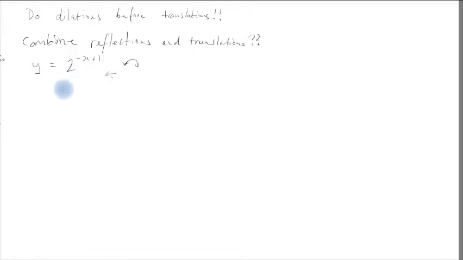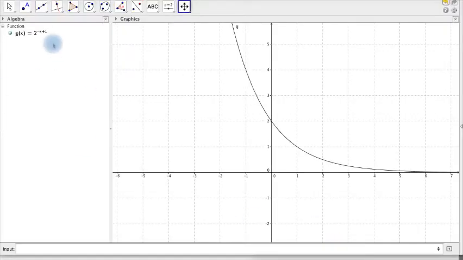So let's have a quick look at what this actually looks like by plotting it using a computer. Okay, so here we go, 2 to the power minus x plus 1, and here it is. So you can see this point where it cuts through 1 is here. It's actually been shifted to the right, not the left, and it also looks like it's been reflected as well.